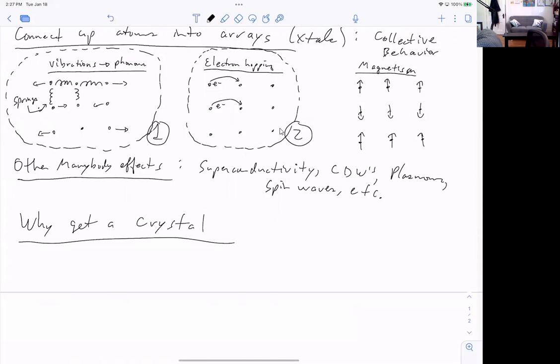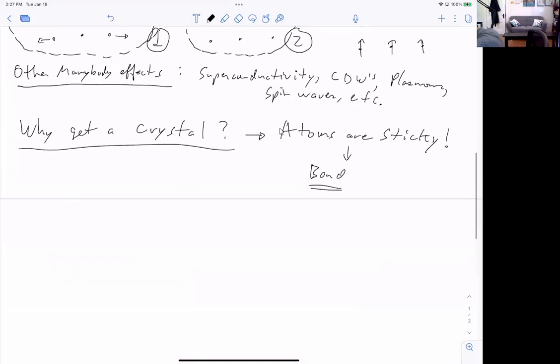The reason, of course, is because atoms are sticky. They stick to each other. That's the answer. And why are they sticky? Because they bond. They like to bond, because the bonding is often a lower energy state. Bonding provides lower energy. That's why.